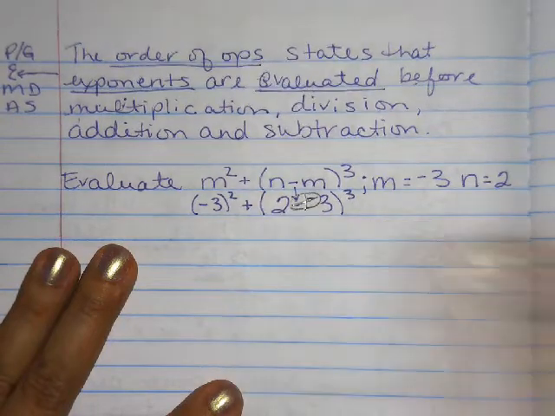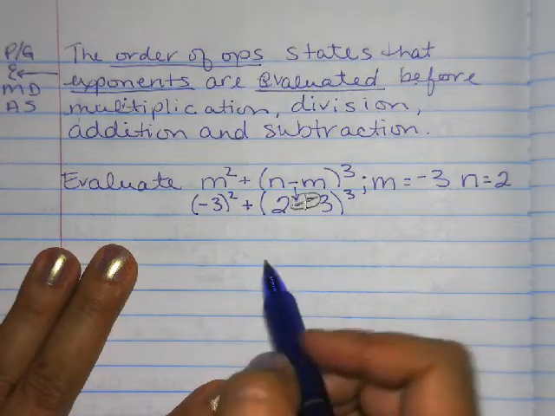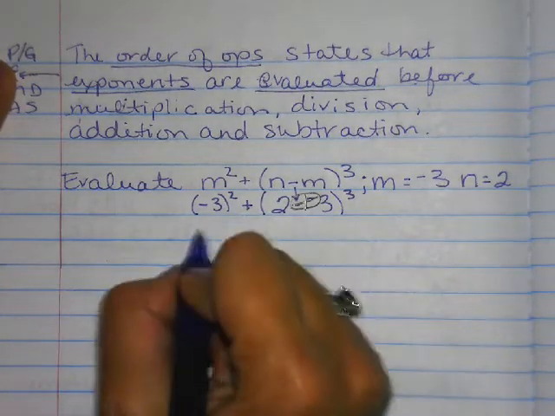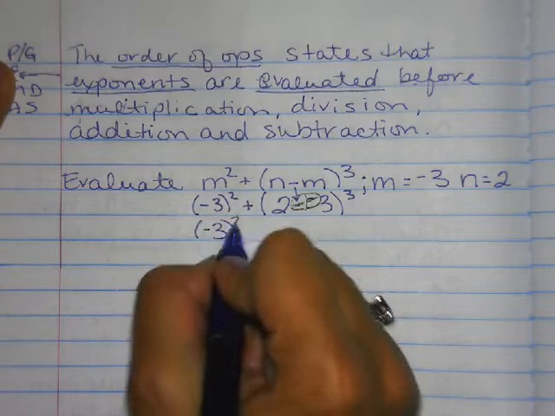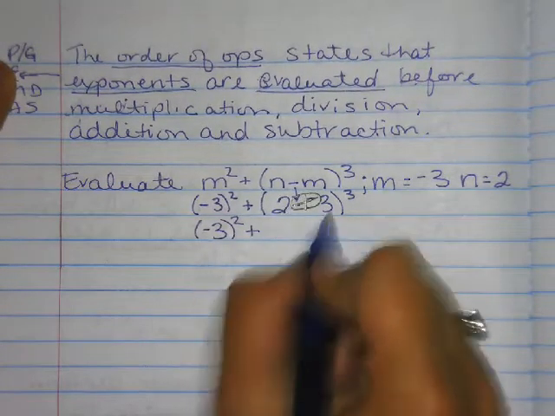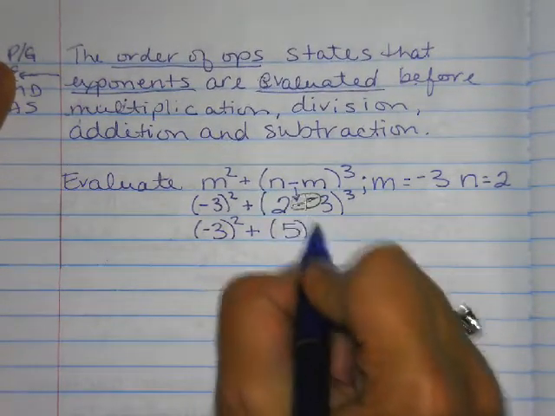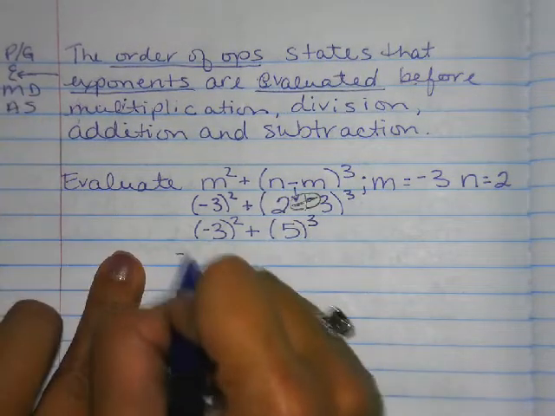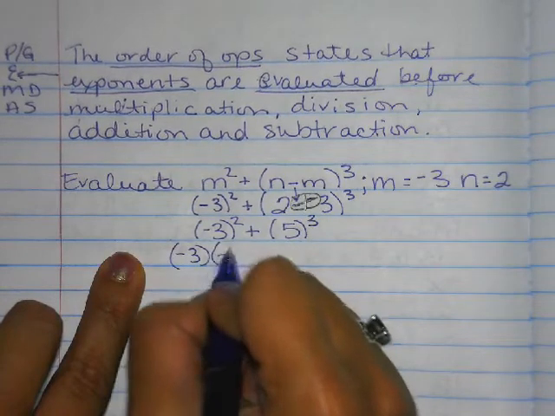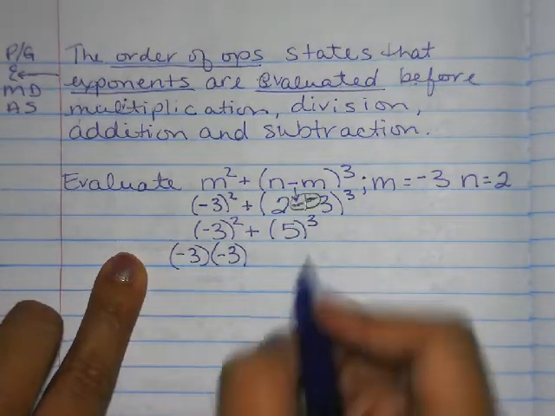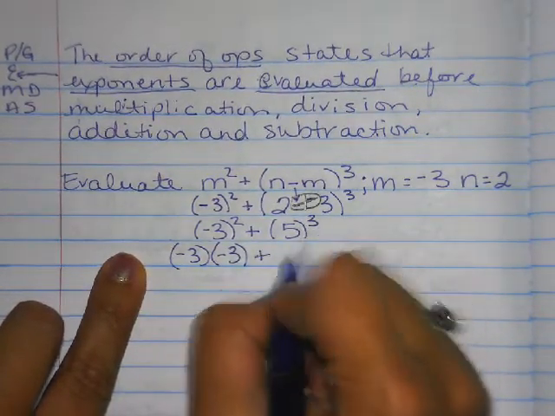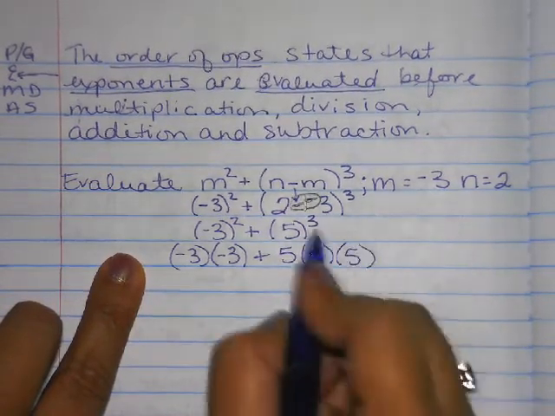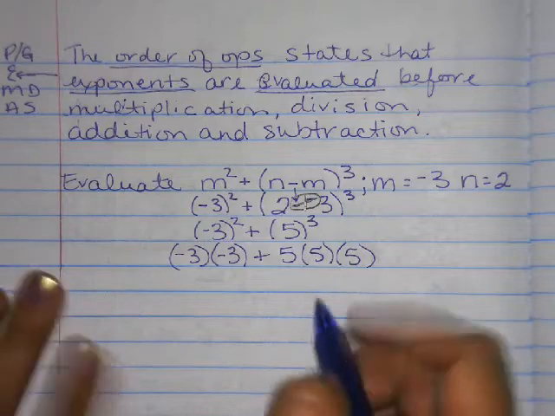So now, according to order of operations, parentheses first. I'm going to leave this negative 3 squared. 2 plus 3 is 5 to the 3rd power. Now I can do my exponents. So I'm going to say negative 3 times negative 3, because squared means we write it twice, plus 5 times 5 times 5, because again, the 3 says we write it 3 times.